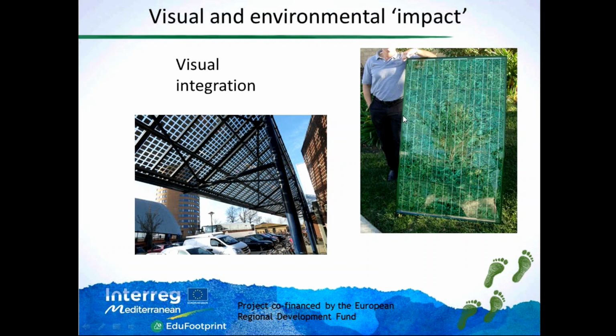And you see here on the right an even more innovative application of photovoltaic, where the texture of the panel is more or less mimicking, reproducing the environment. So it can really be kind of hidden. Of course, such a module could be very expensive, and also its efficiency, its yield, cannot be the same as the standard photovoltaic plants.